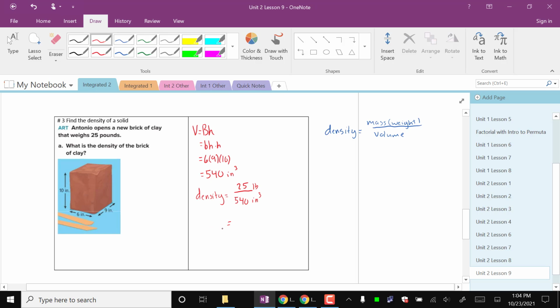So 25 divided by 540 will give us 0.046 pounds per cubed inches, or inches cubed. And that's how we do the practice problems for today.